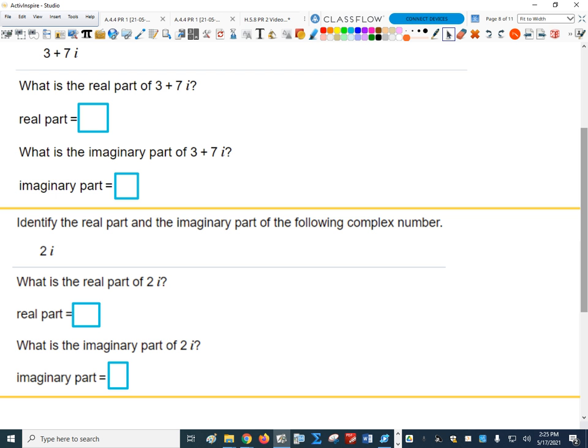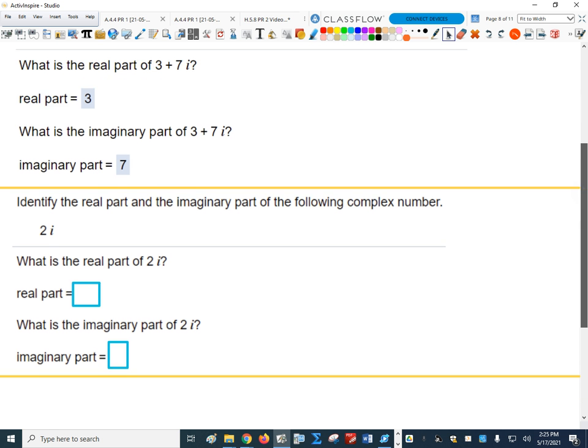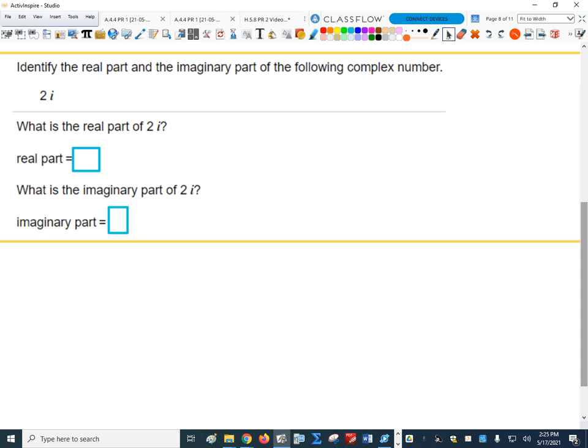What about the number 3 plus 7i? What's the real part? 3. Okay, James, what's the imaginary part of that number? 7. Good. Piece of cake, right? What about the number 2i? What's the real part there? It's 0.